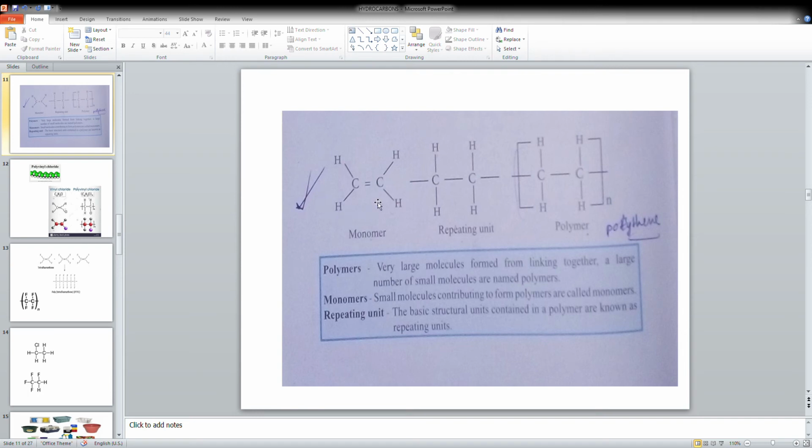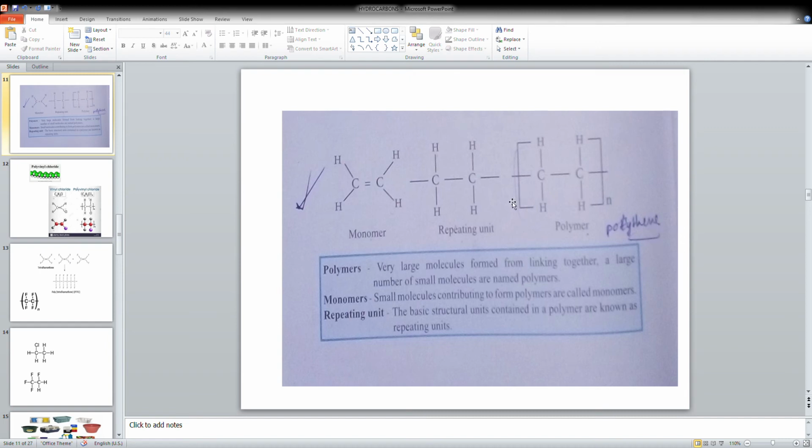The first one, initially we need this basic compound. Here you can see this structure is the ethene. That is what we call the monomer. And finally, you get this kind of structure, that is the polymer. In the case of ethene, that is called polythene, right?